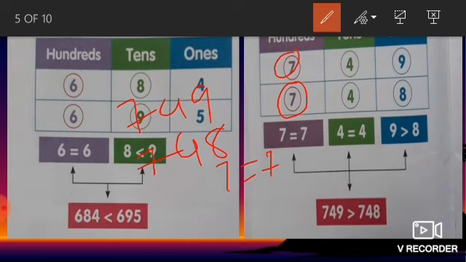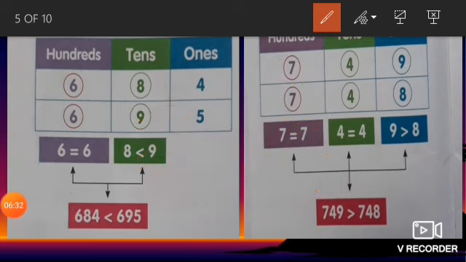So they both are equal. But in ones place it is different. 9 and 8. In these two digits, 8 is less than 9, or we can write 9 is greater than 8.